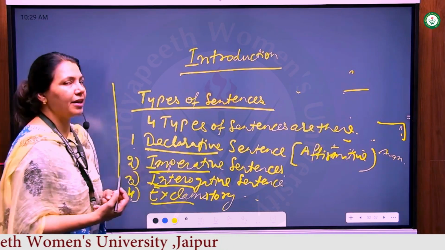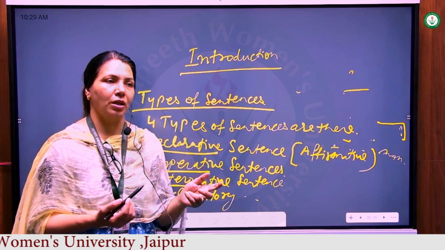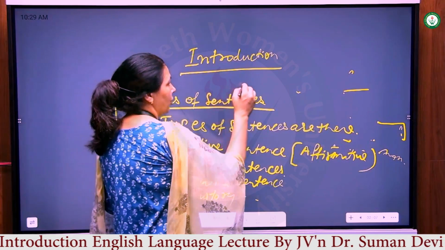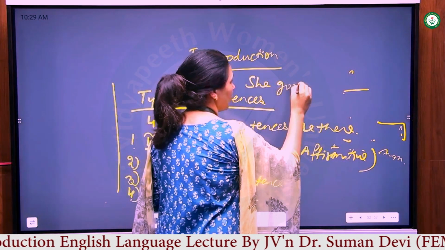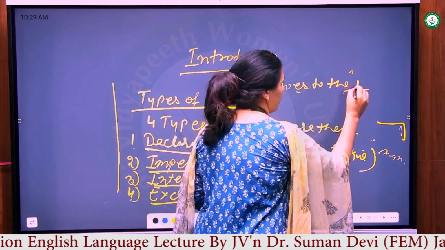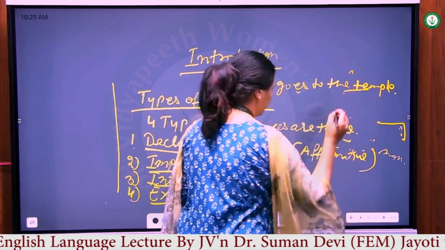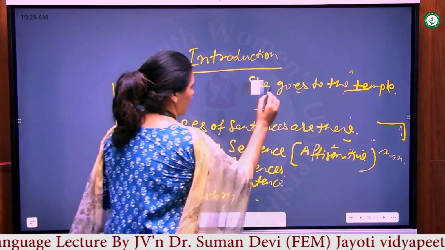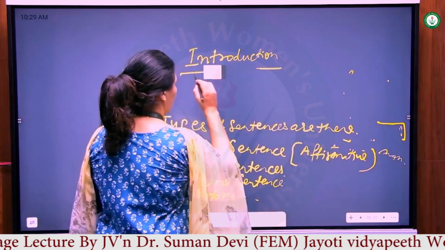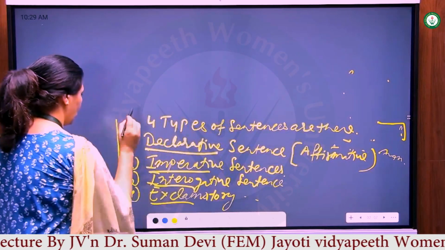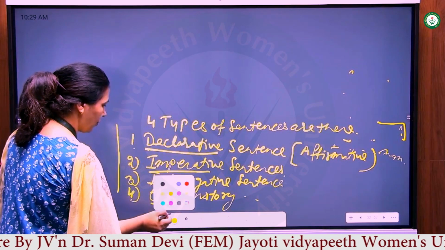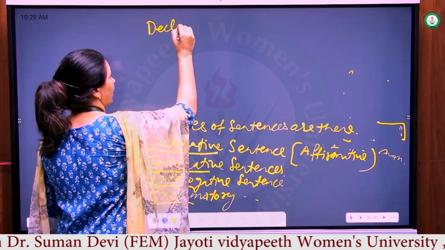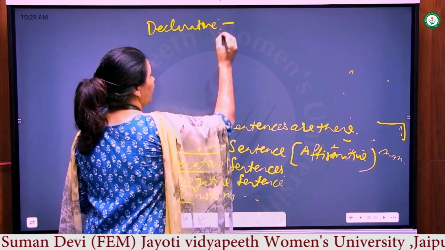The first one is the declarative sentence. You declare something, which means it is positive, right? Like if I'm saying, she goes to the temple. So the first one we have told about is the declarative sentence.